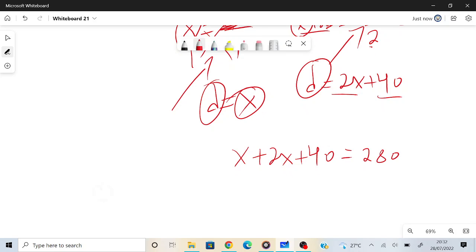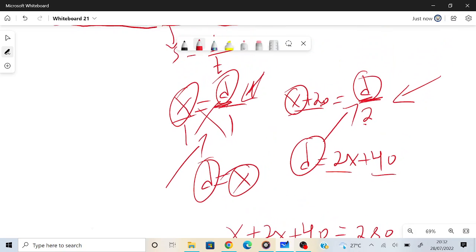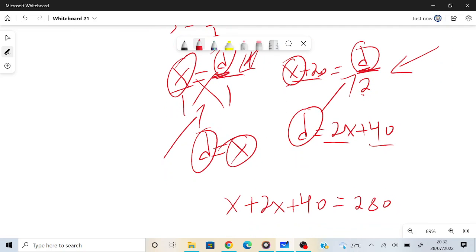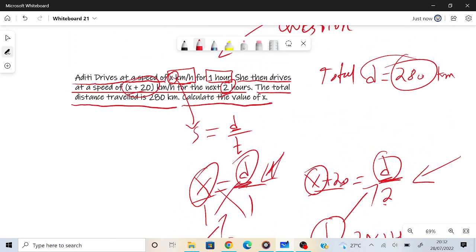All I did is make d the subject in both formulas and add up both representations of d. I know they add up to 280, because it's specified in the question that the total distance traveled is 280 kilometers.